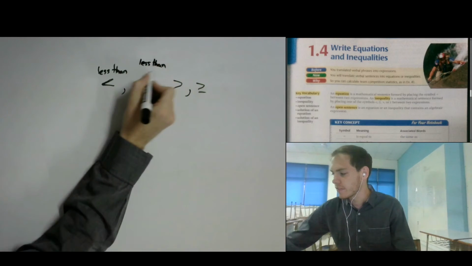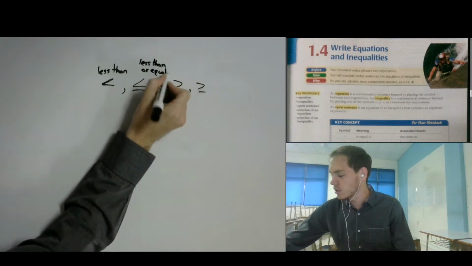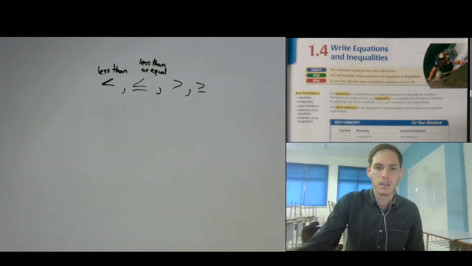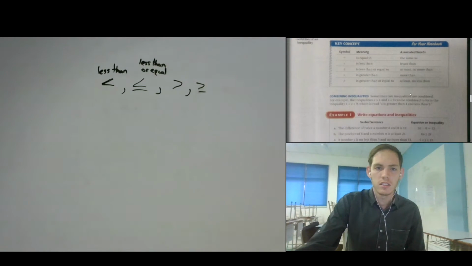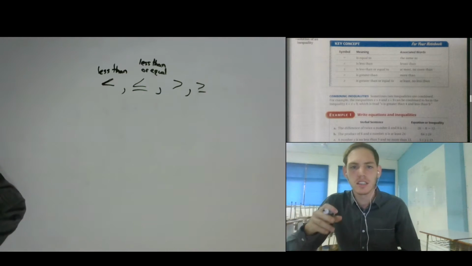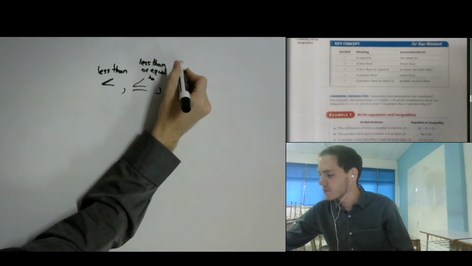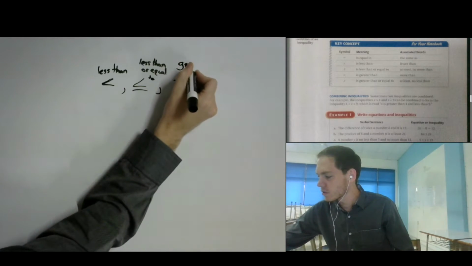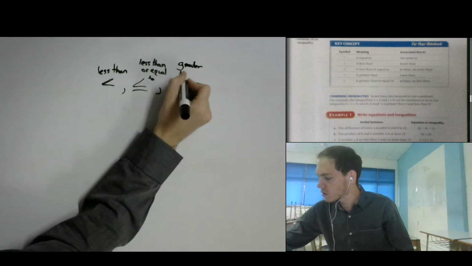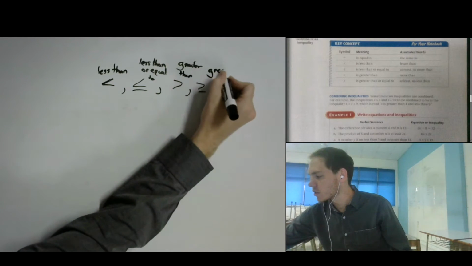Actually, the book does have this, so equal. Okay, we'll go to how the video talks about it. And the book says equal to, less than or equal to, greater than, or greater than or equal to.